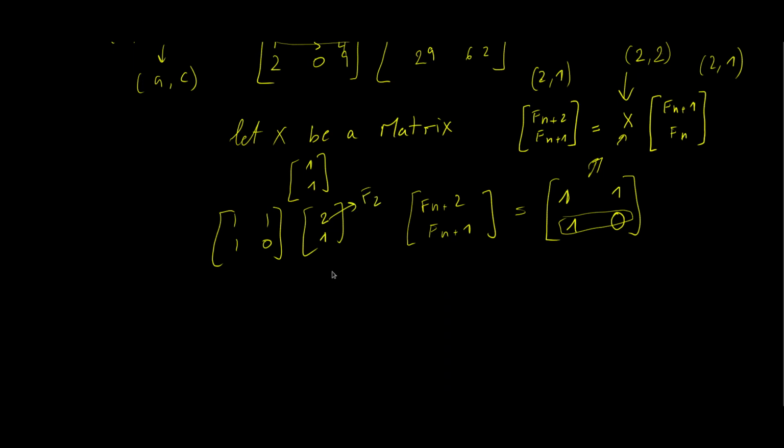So we got ourselves f of 2. And we can repeat this process again, but now starting with f of 2 and f of 1. So we'll have 2, 1 times this matrix again. So here we will have 2 plus 1, which is 3, and here we will have 2. So we got ourselves f of 3 and f of 2.